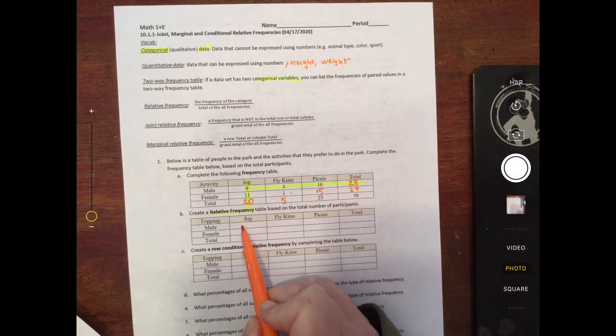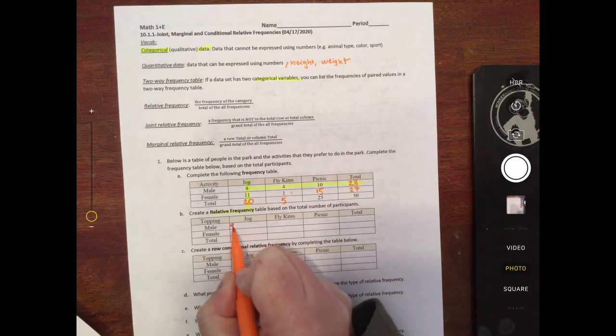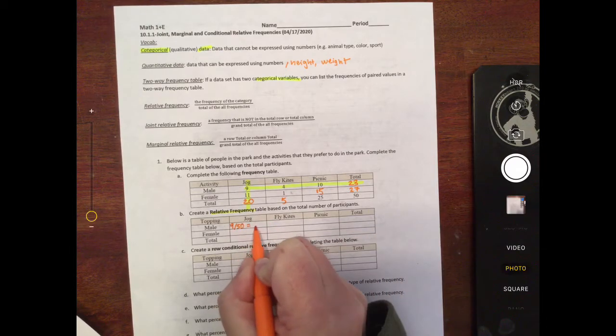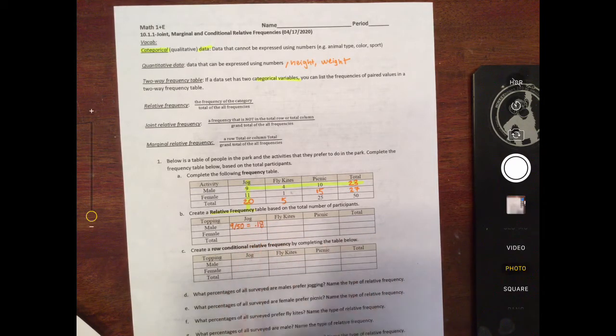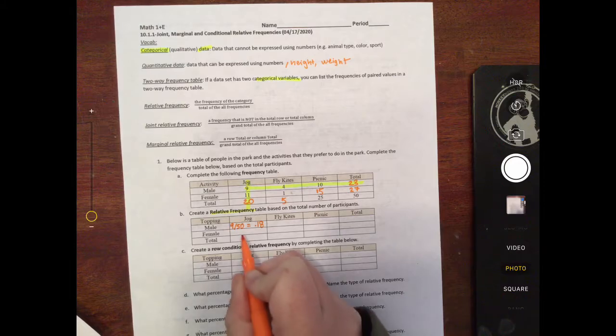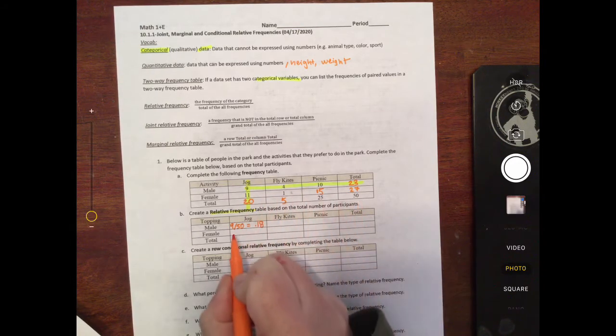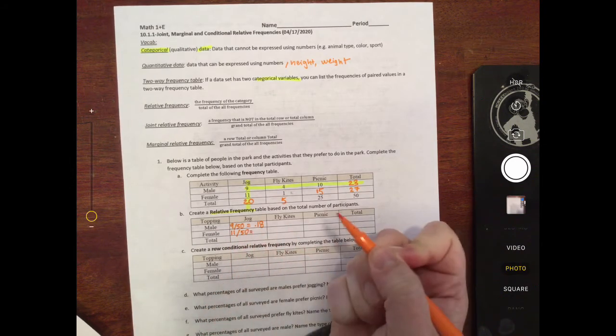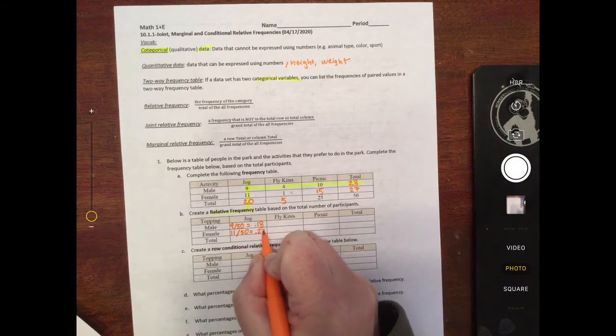So for instance, in this little box, I'm going to be doing 9 divided by 50, and that's going to be 0.18 when I put that into my calculator. In the next box, I'm going to be doing 11 divided by 50, and that equals 0.22.